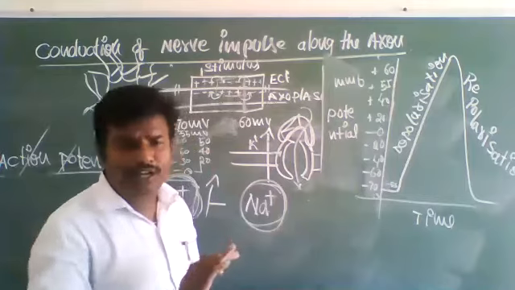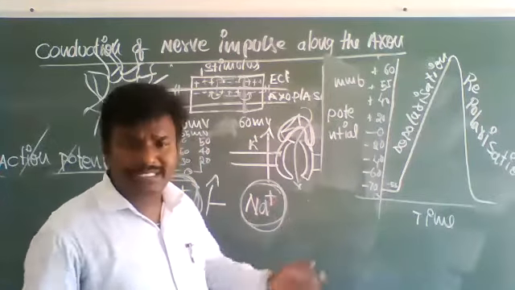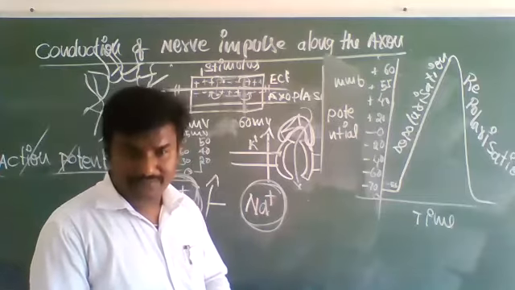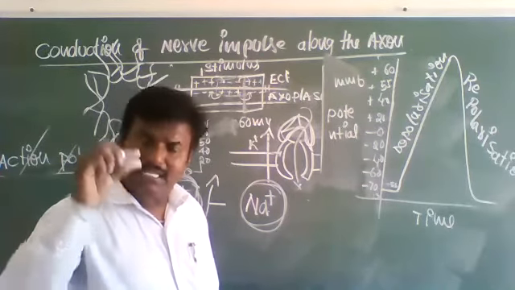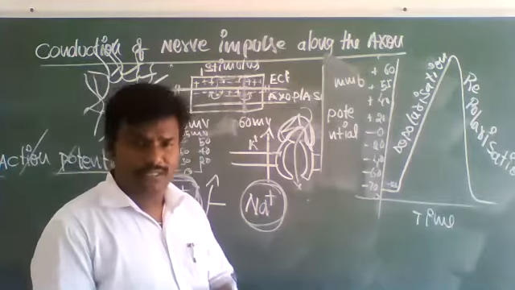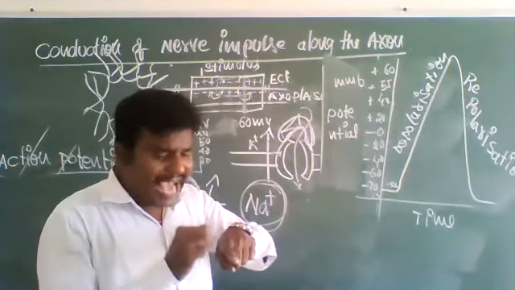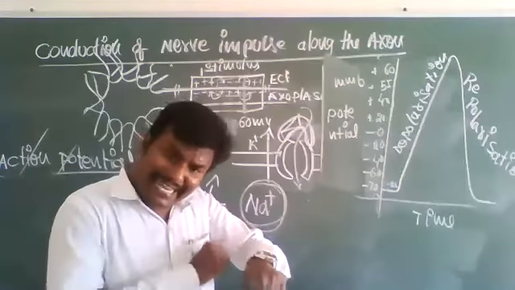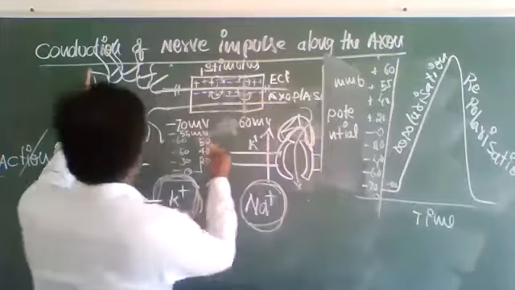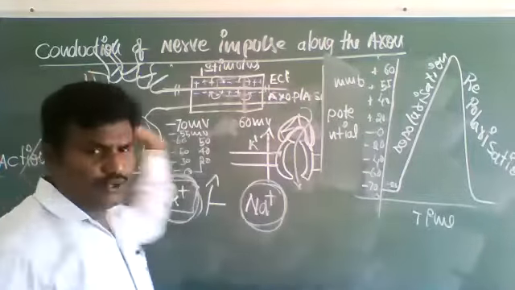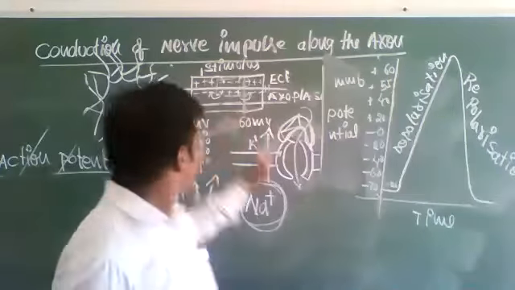Sodium ion concentration is not the same in all neurons, and accordingly the action potential also changes. But one neuron maintains the same action potential over the entire neuron. From here to here, this neuron will maintain the same action potential.